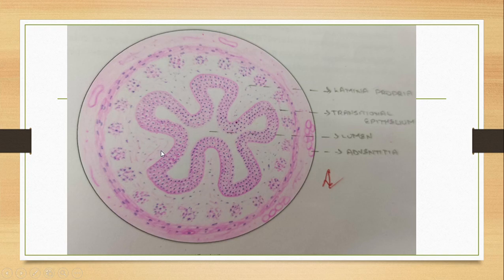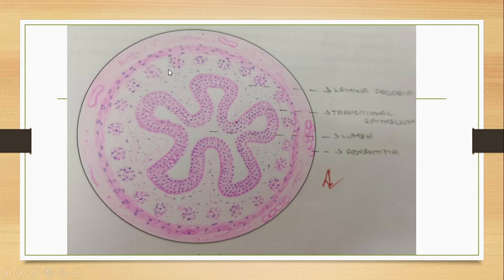The lamina propria is the connective tissue layer which contains loose areolar connective tissue, with some blood vessels and nerve endings. Outer to the lamina propria is the intermediate zone, which is made of two layers of muscle coat.